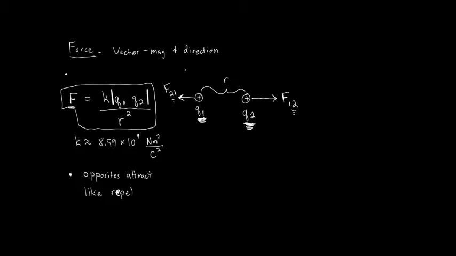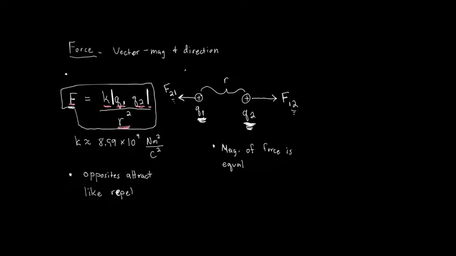Now the magnitudes of these forces are going to be equal and opposite. So the magnitude of the force is equal. Again, because the force equation tells us that the force is equal to K times the absolute value of the product of both the charges, divided by r squared.